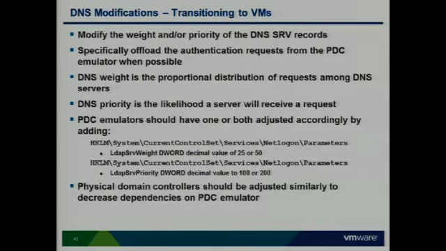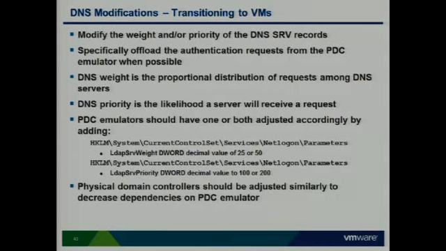We've already said that. DNS priority is the likelihood that a server will actually receive a request. That's actually set to 0 by default. And if you artificially pump that up to 100 or 200, you significantly increase the likelihood that that domain controller will receive the authentication request.